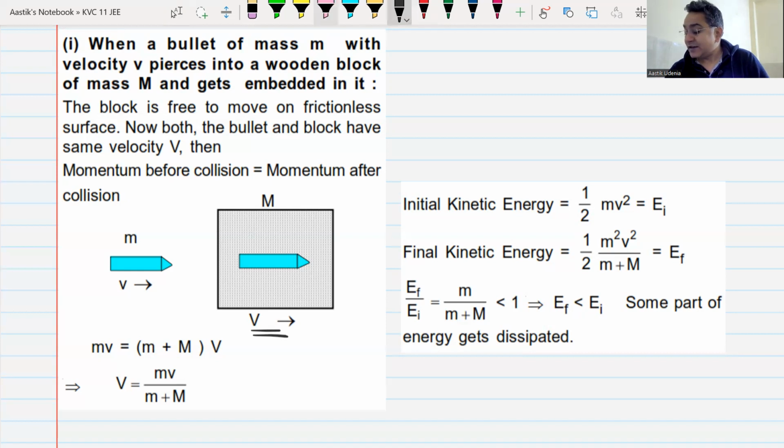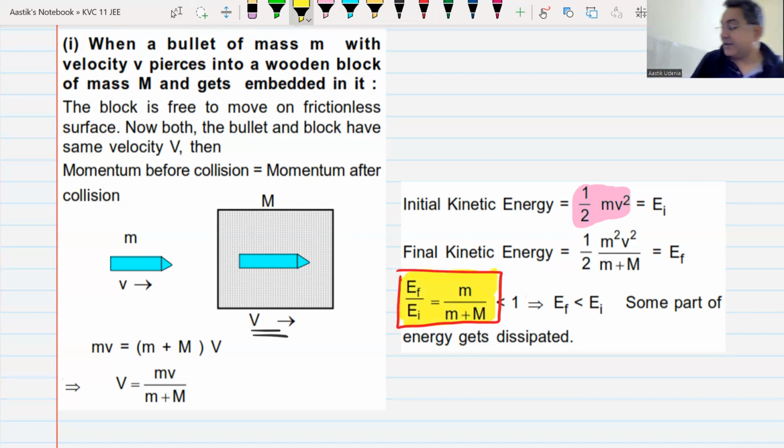The initial kinetic energy is half small m into v square. The final kinetic energy is half capital M plus small m into capital V square. So it will come as this one. Remember this formula. The final by initial kinetic energy is m upon M plus m, which is less than 1. That means some kinetic energy is lost.